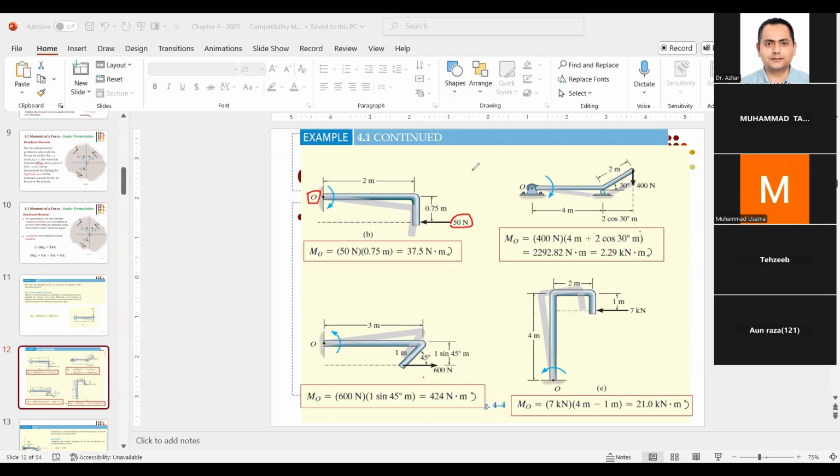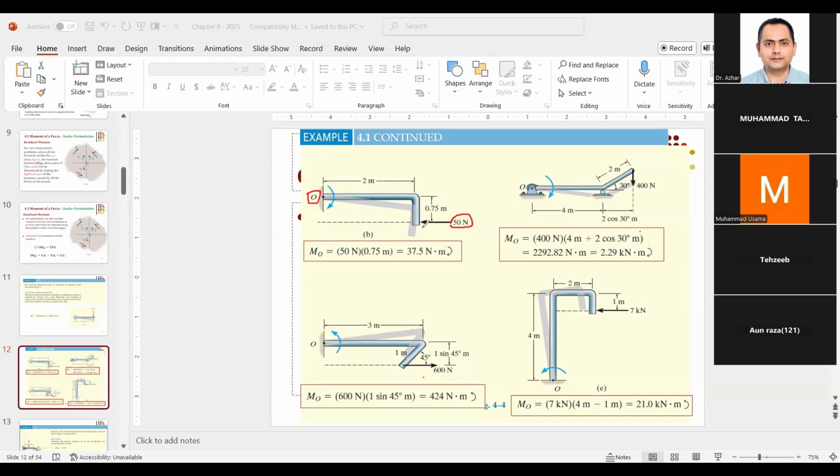Now you see that the force 50 is away from the point O. But keep in mind the basic thing that you have to multiply the force with the perpendicular distance from the point.